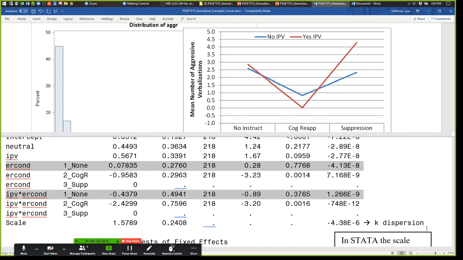It's backwards, right? The blue line is slightly higher in the none condition than in the suppression condition, but the red line is much higher in suppression than in the none. They're backwards. So the effect of strategy, none versus suppression, differs as a function of IPV, but to a non-significant extent here. Here's my p-value.